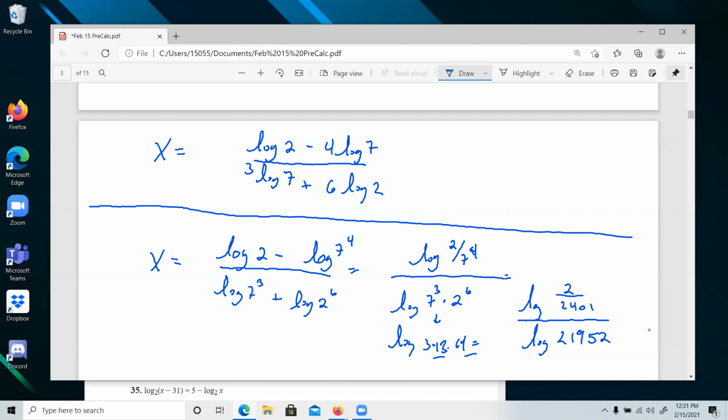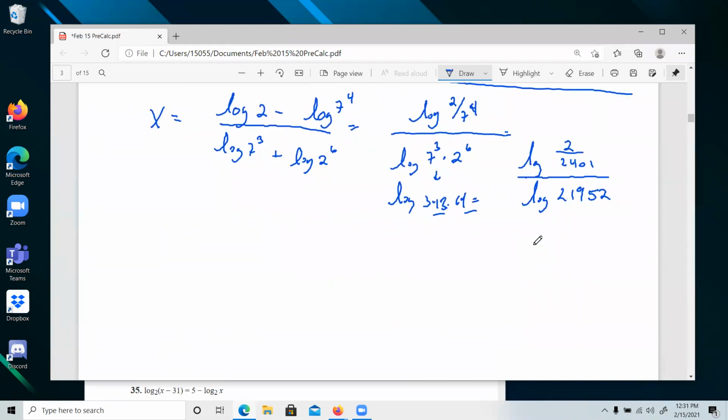All right. And then you say, okay, I remember my change of base formula. So this is log base 21,952 of 2 over 2401. All right. And that used to be the answer in the back of the book for these problems.